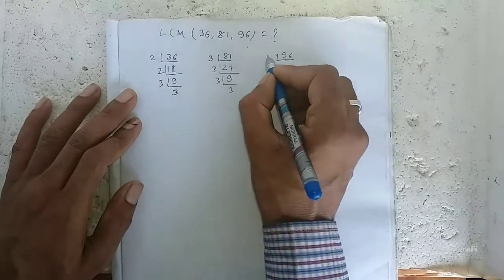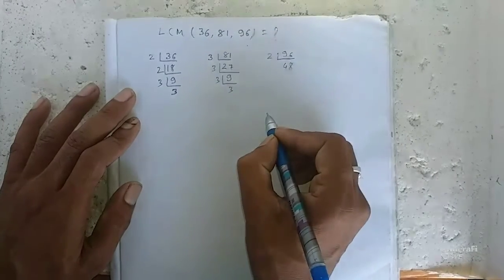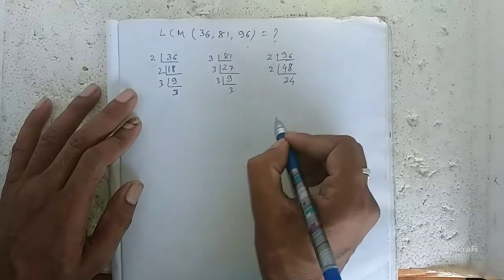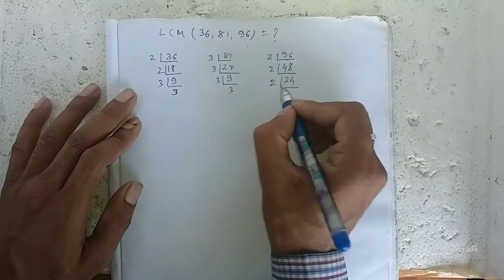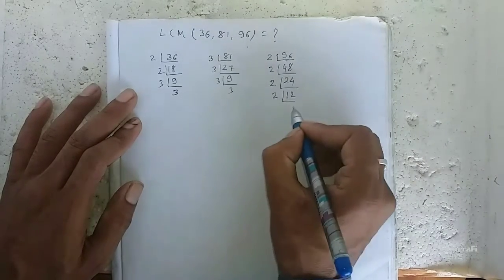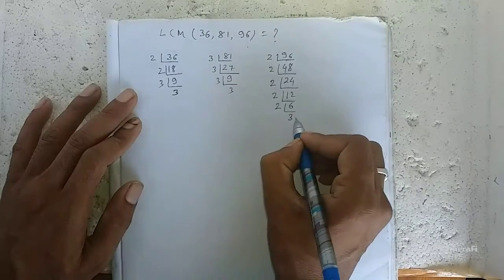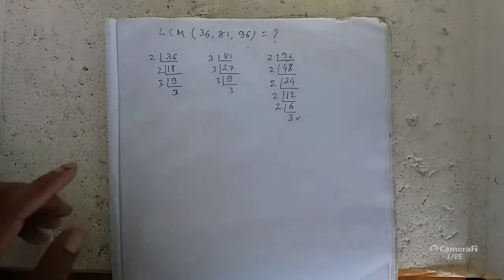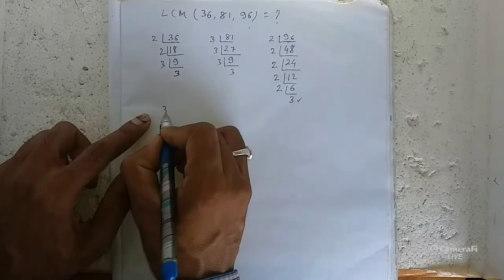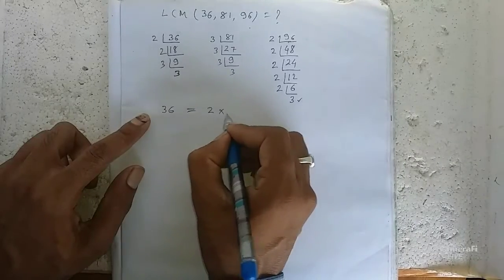For 96, 2 can divide 96, 48. Again 2 can divide 48, we get 24. 2 can divide 24, 12. Again 2 can divide 12, 6. Again 2 can divide 6, 3. 3 is a prime number. Now let us write each of the numbers as a product of their prime factors.